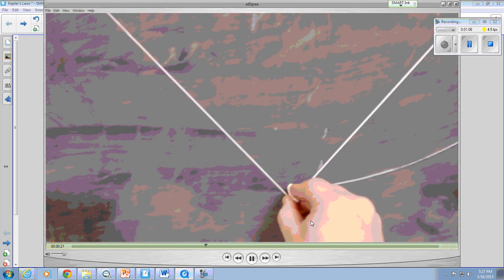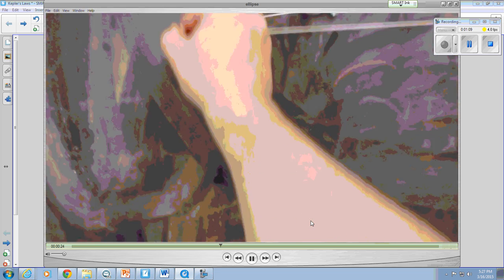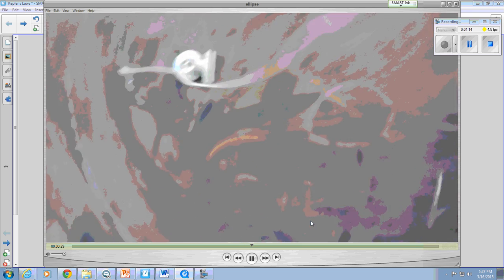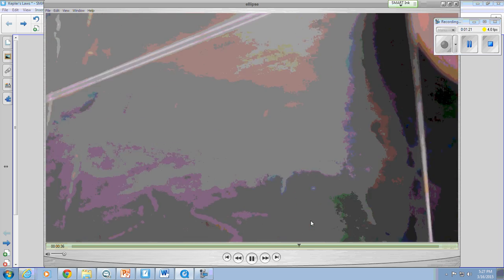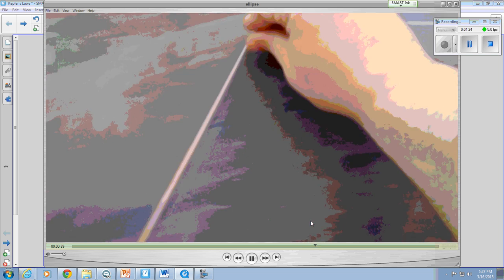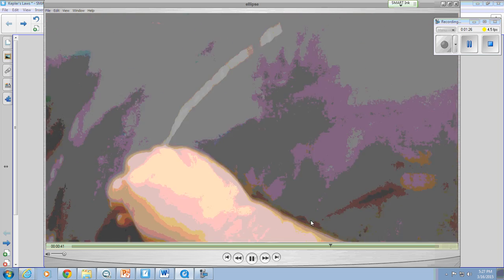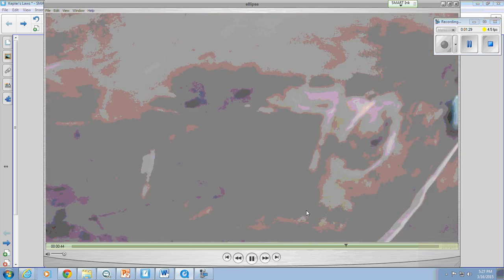Excuse my clumsiness here, but we trace the path with the two foci around the tightened string. And what you're left with is an ellipse.